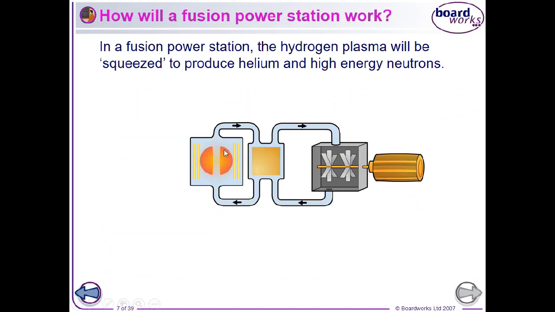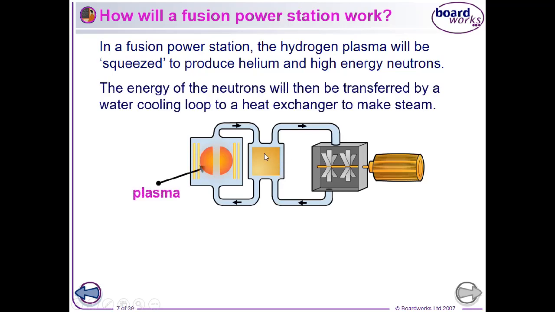So here we've got the reactor body. What would happen is we would use the heat generated in this fusion reactor to warm up water. The heat from that water will be passed on through a heat exchanger to water that would be turned into steam to run a turbine and run a generator.